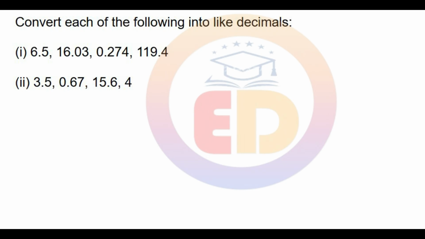Convert each of the following into like decimals. Like decimals are decimals having the same decimal places. Now converting unlike decimals to like decimals, we need to place 0 in the decimal part on the right side.